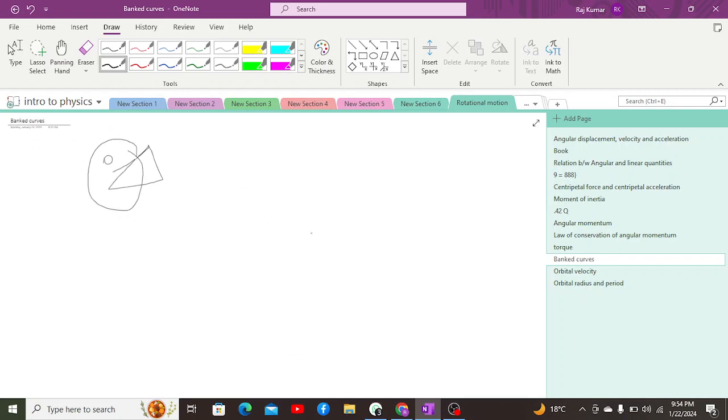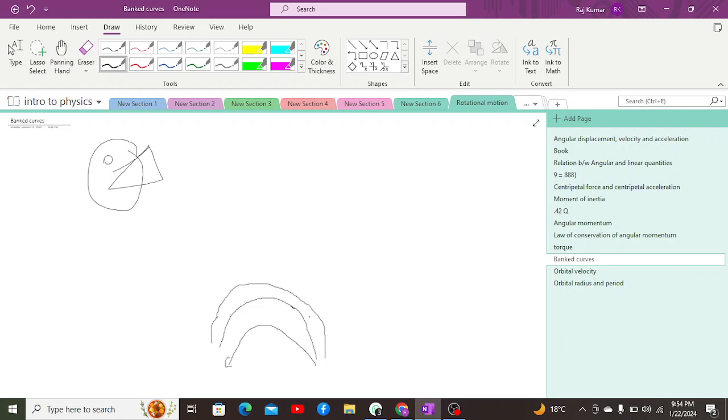Whenever there is a sudden curved pathway on a road, say a highway, we all know that cars travel at very high speed. At that moment this forms a circular, angular motion, when the body is revolving in it, right?